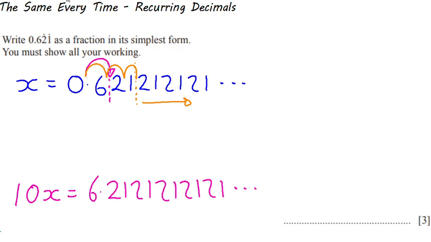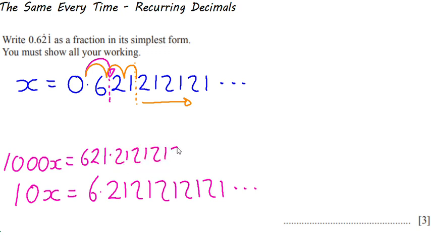So moving my decimal point 3 places is the equivalent of multiplying by 1,000. So 1,000 times x is going to be 621.212121, and all the 21s again.